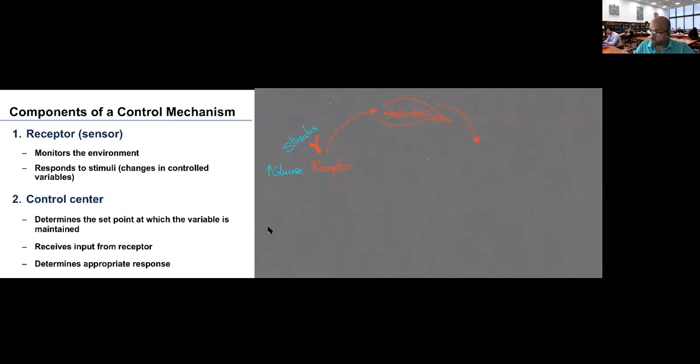The pancreas will decide to do what? It will decide to respond by releasing insulin. And the insulin will do what? It will stimulate the fat cells. This is going to be the effector organ. Those are the fat cells on here.